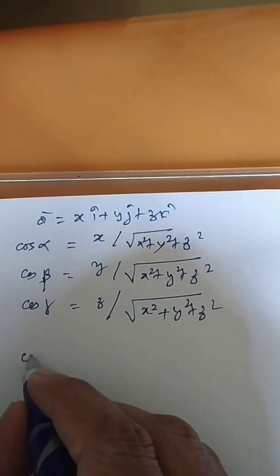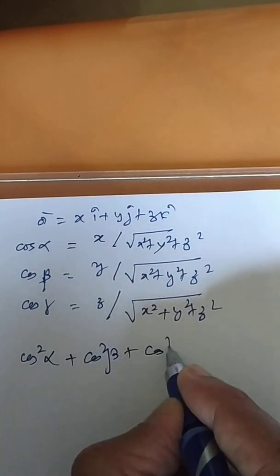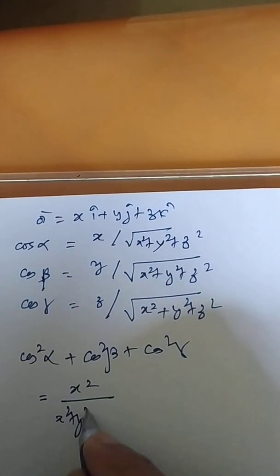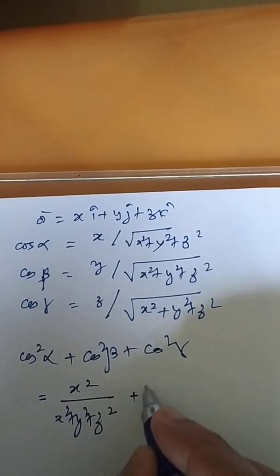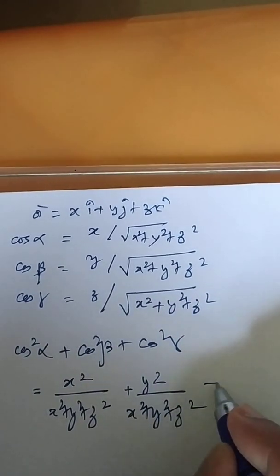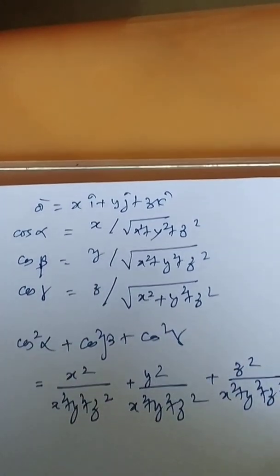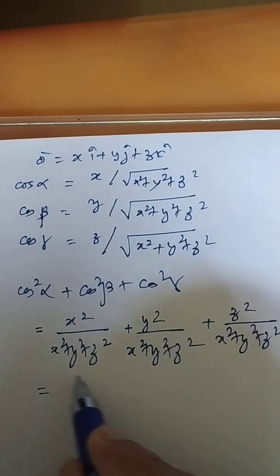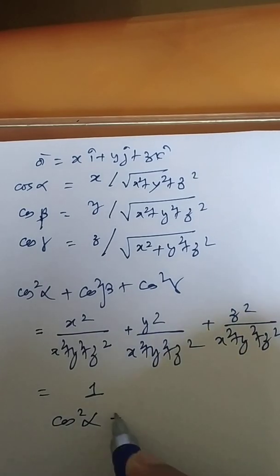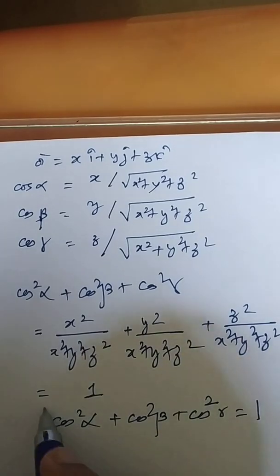Now just try to find out cos square alpha plus cos square beta plus cos square gamma. If you simplify, it will be x square divided by x square plus y square plus z square, plus y square over the same, plus z square over the same. The LCM is common, and if you add the numerators, one of the standard remarks is that cos square alpha plus cos square beta plus cos square gamma will always be equal to 1.